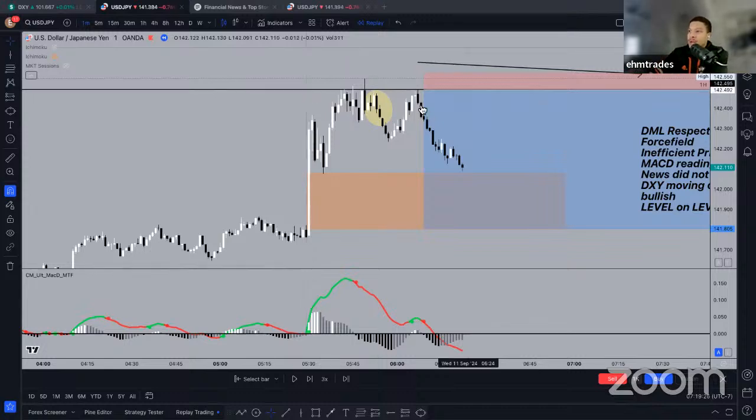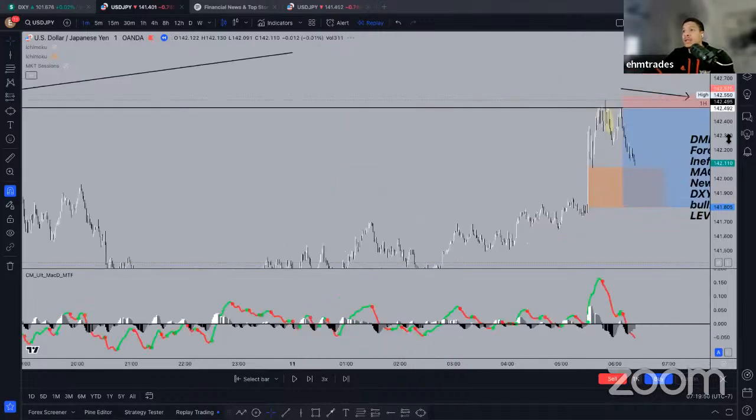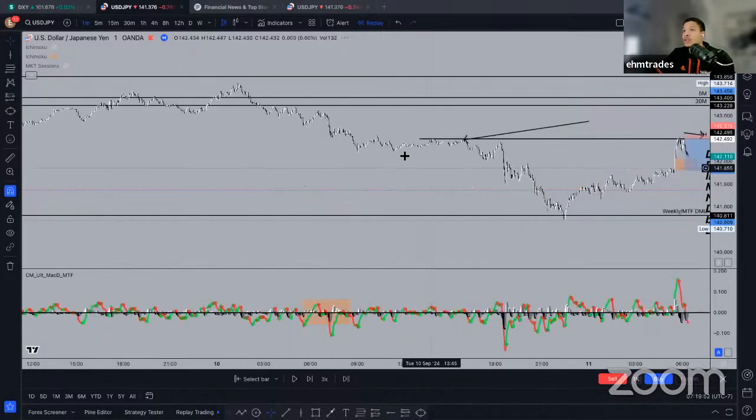But something like this, right? So look, this is part of the trend. I'm not necessarily saying this part has to get filled, because for this to get filled, we would need to be going bullish, which would be going the opposite of the overall trend when we're looking at USD JPY on a larger scale.